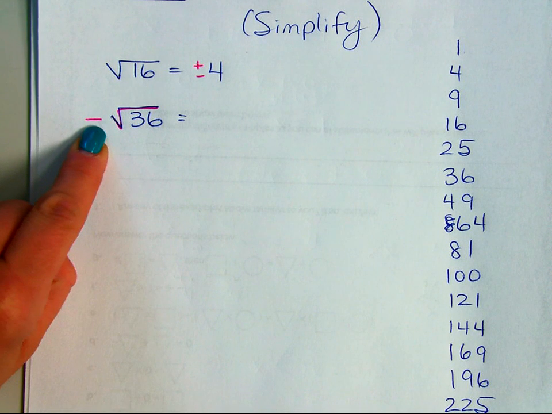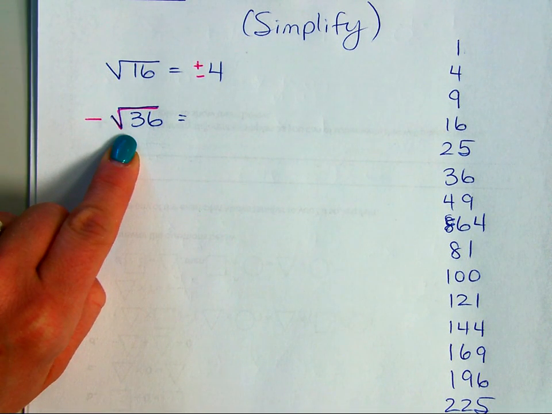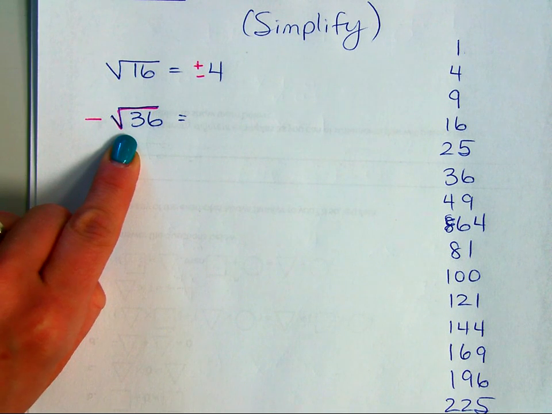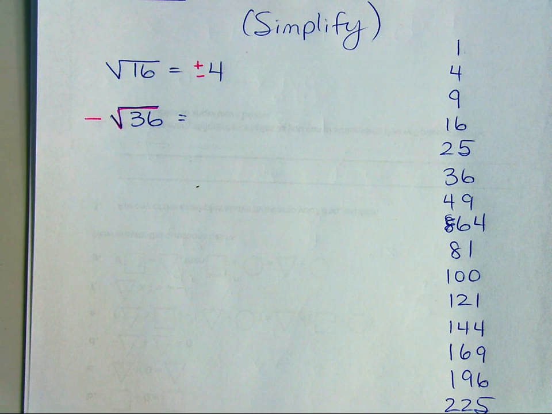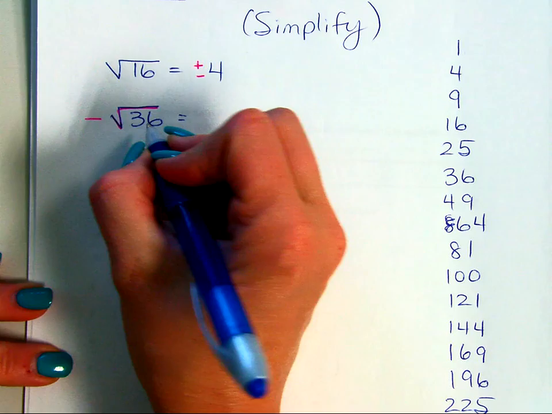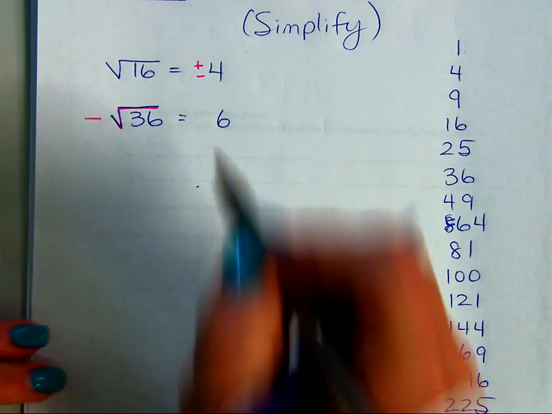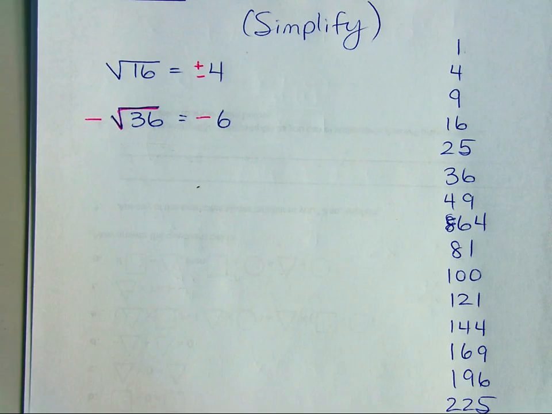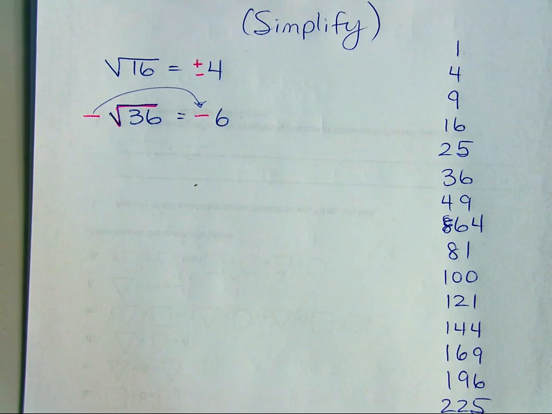So you would read this: what is the opposite of the square root of 36? So I know what you're thinking. Well, if the square root of 36 could be positive or negative, couldn't this answer be positive or negative? Okay, they want you to take the principal square root, the positive one. So if the square root of 36 is 6, and they want the opposite of it, your answer is negative 6. Okay, so that negative just kind of hops over to your answer there.